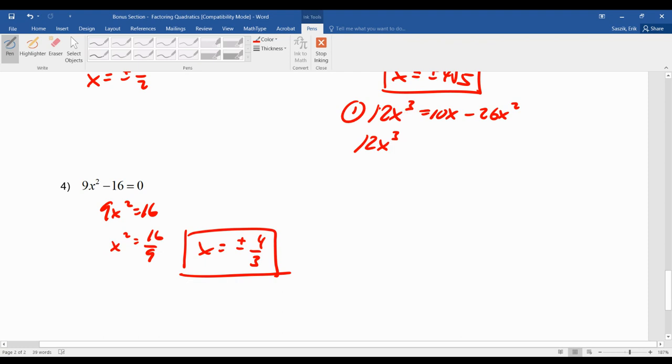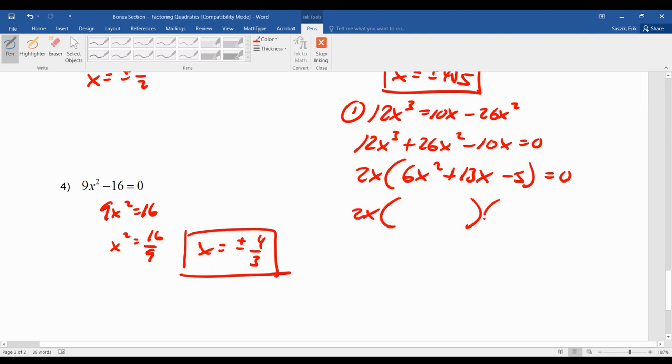You see this 12x to the third is positive over here. So let's move these other things over to this side and set it equal to 0 that way. I always want my leading coefficient to be positive when I'm factoring. I'm going to take out my GCF, which is 2x, 6x squared plus 13x minus 5.